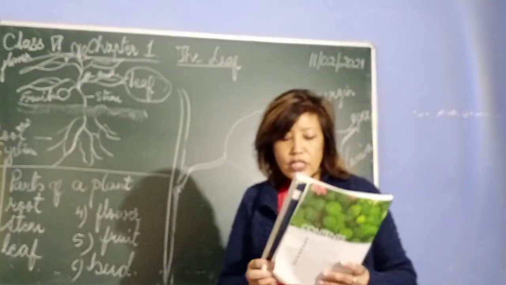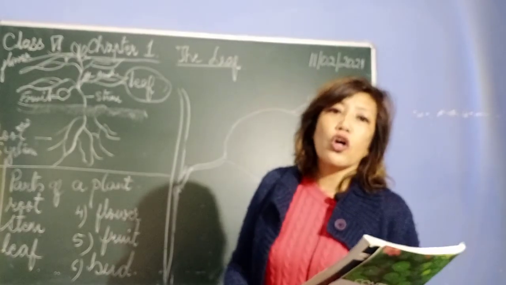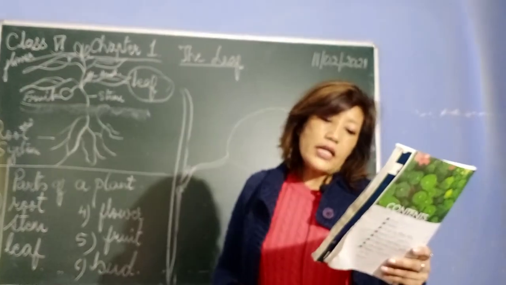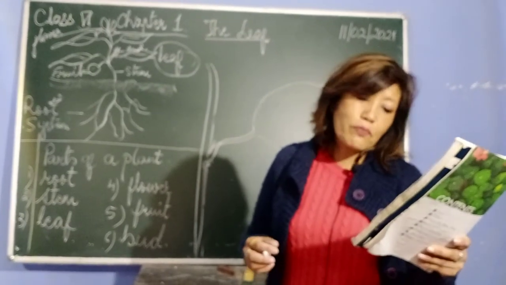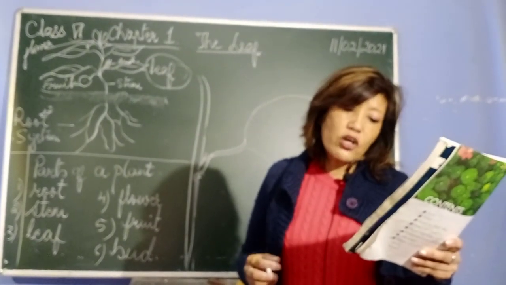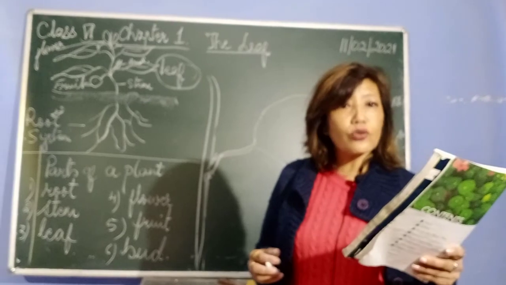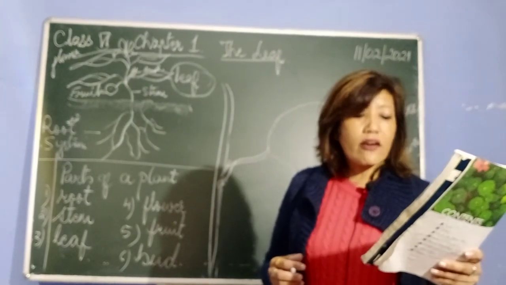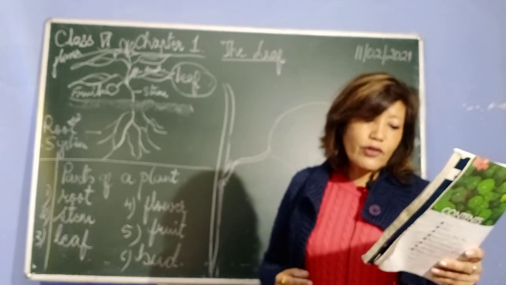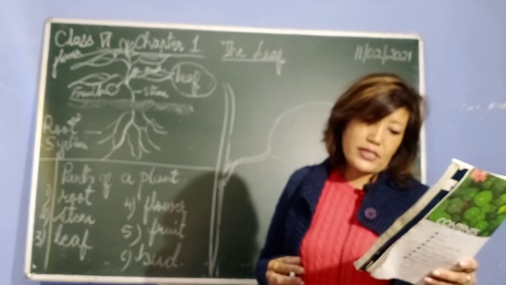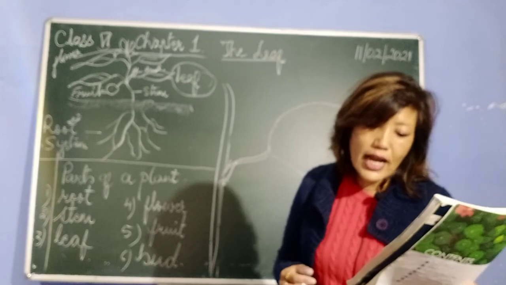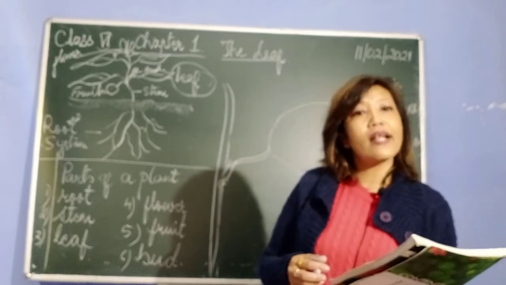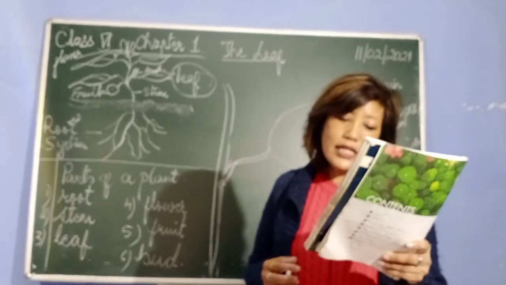Then the next part is leaf stalk or petiole. This is the short cylindrical part of a leaf. The petiole attaches the lamina to the stem. In some plants, leaves do not have a petiole and directly arise from the stem.